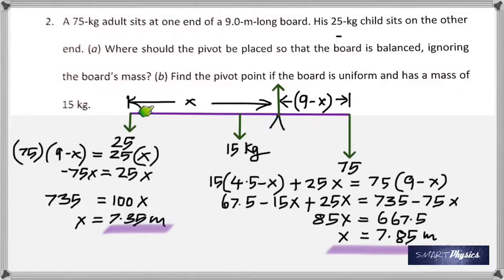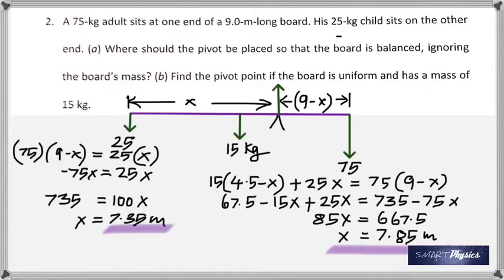Let's take this distance as x. And therefore, this must be 9 minus x, because the total length is 9 meters. Calculating the torque about this point, this is going to create a clockwise torque, while this is going to create a counterclockwise. This is 75 times 9 minus x, which should be equal to 25 times x.